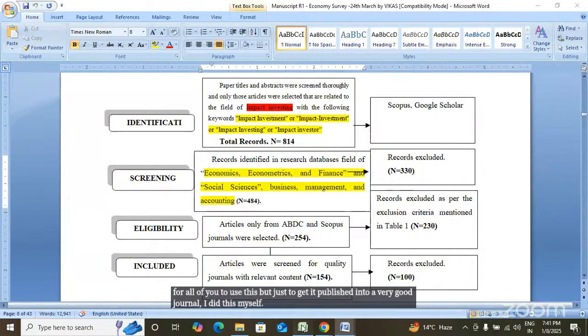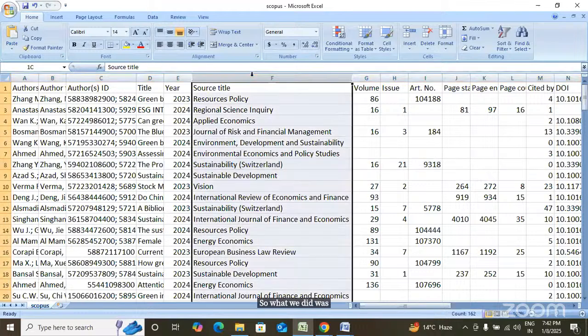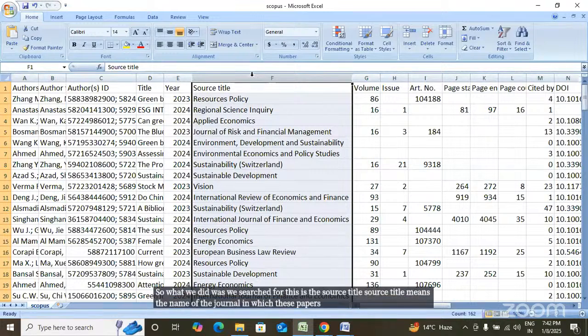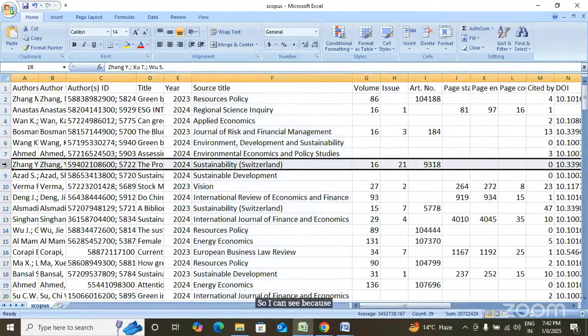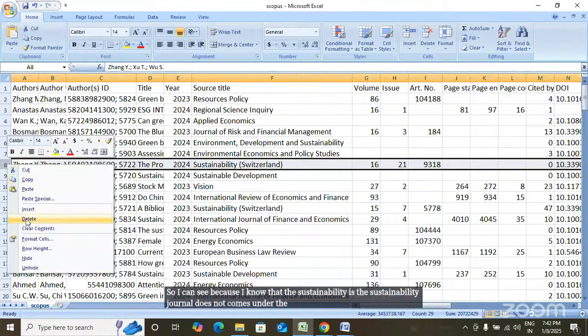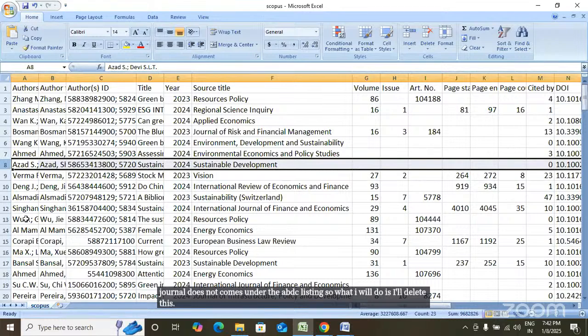So we searched for this, the source title. Source title means the name of the journal in which these papers are published, right? Because I know that the Sustainability journal does not come under the ABDC listing, I'll delete this, right?